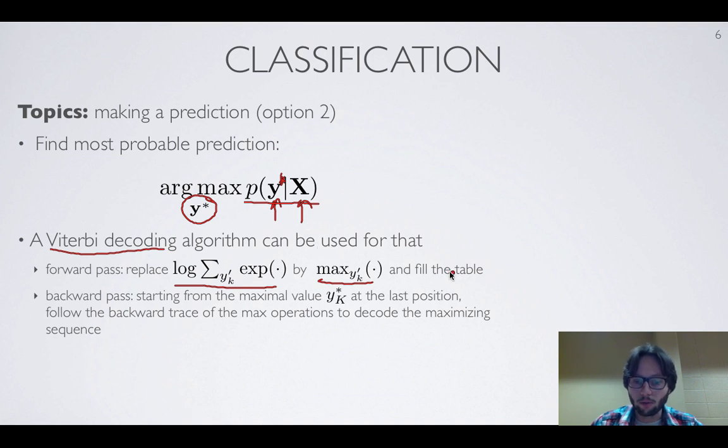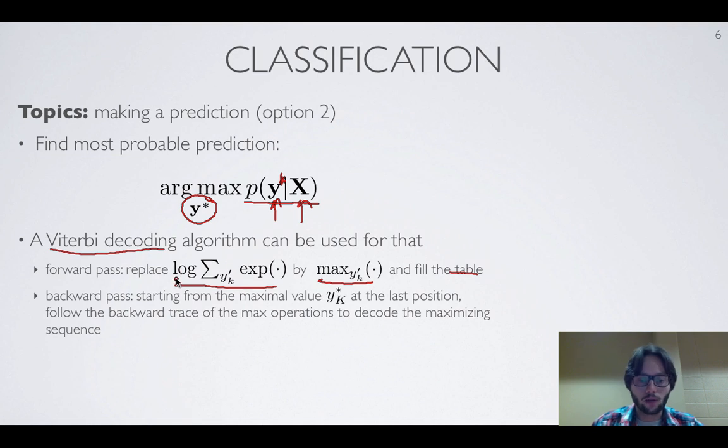And then we fill the table with those values. In fact, if you think about it, log sum exp can be thought of as a smooth version of the maximization operation. That's because of the exponential here: the term that is going to dominate this sum is the term that is largest, because the exponential increases very rapidly with large values of its argument.